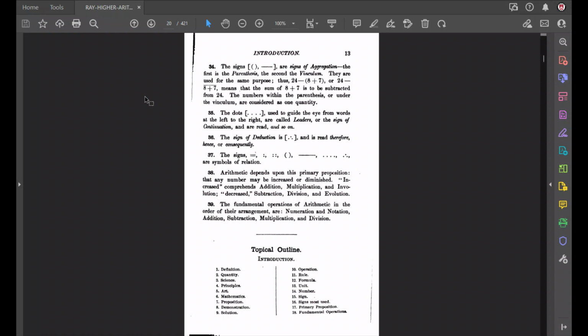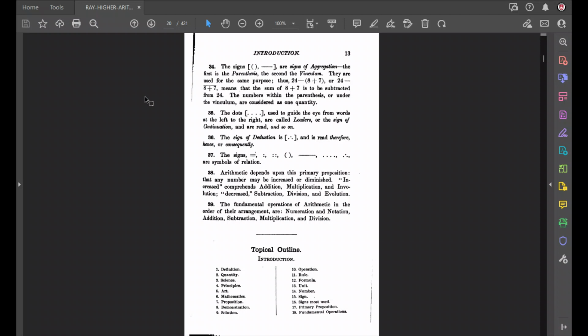These are called signs of aggregation. I'll put this word up on the board. Signs of aggregation. Two signs of aggregation are the parentheses and the vinculum. This is called the vinculum.